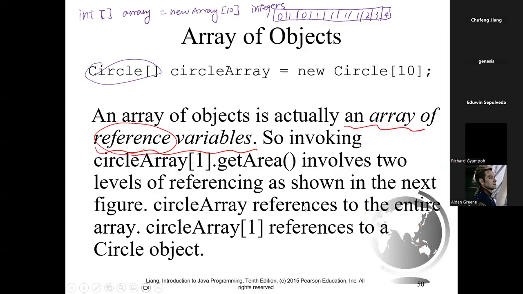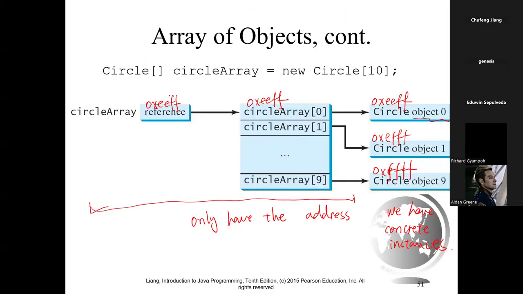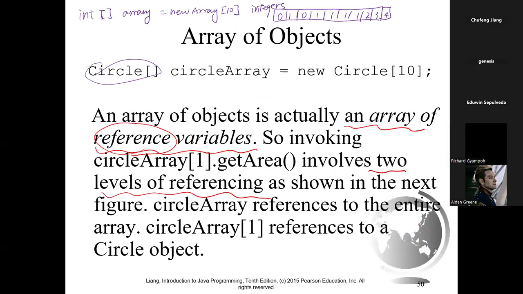Which is why they say that there are 2 levels of referencing. This is the first level, and this is the second level. Because they are only passing the address rather than a data point, a data object. So this is 2 levels of referencing.